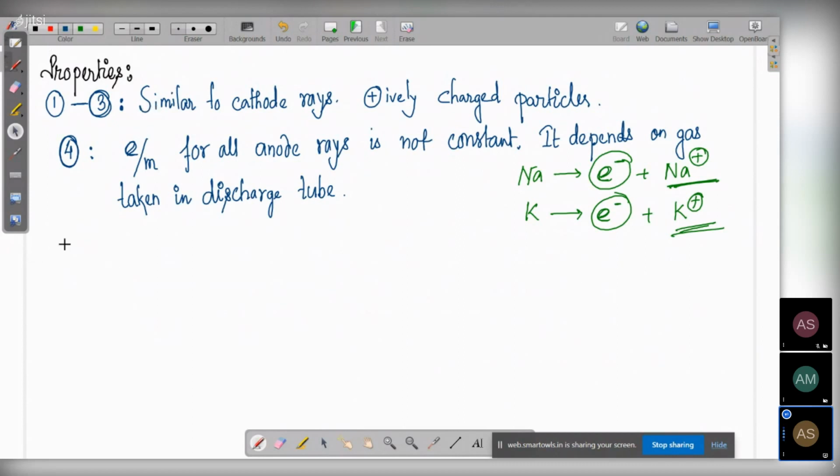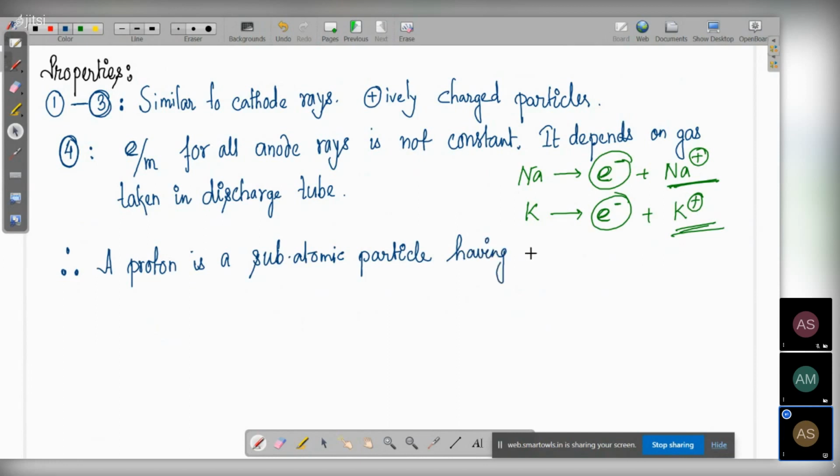So now let's define a proton. A proton is a subatomic particle having a unit positive charge. What is that charge?